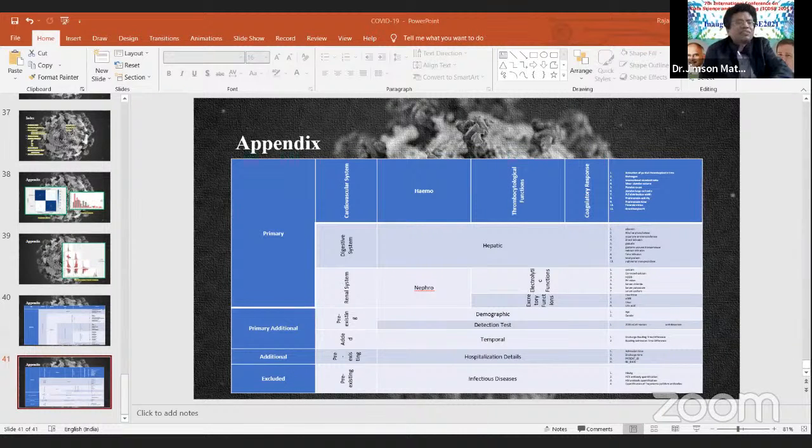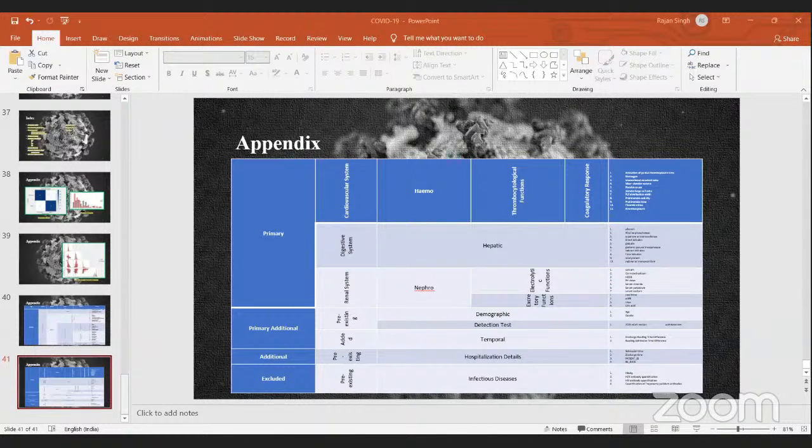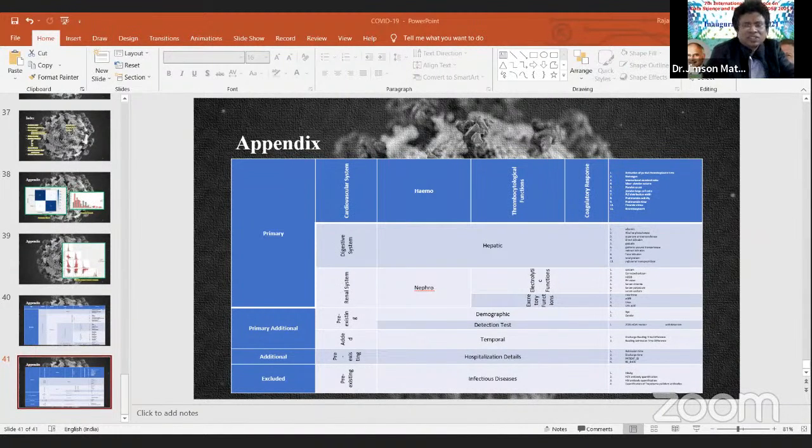Okay, Rajan, you can unshare. Yes, sir, I am on it. Just hit unshare. Satya?